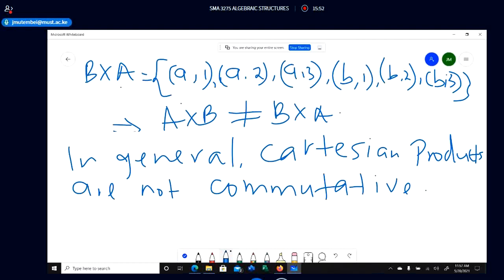Next, we define another terminology, that is a relation. We can say something about relations on sets. In general, if you were to use a layman's language, a relation is some family ties or something between two people.